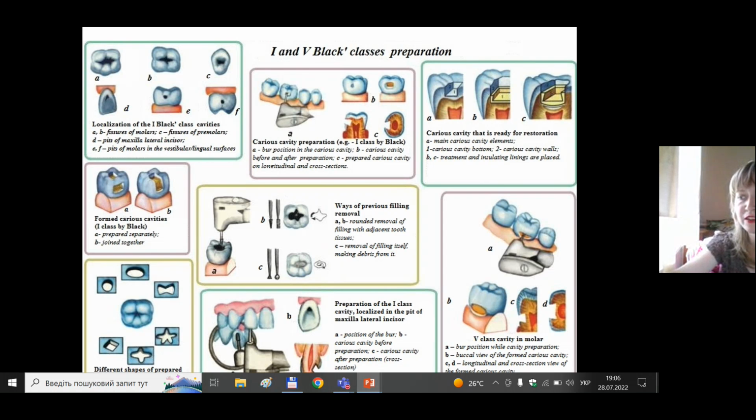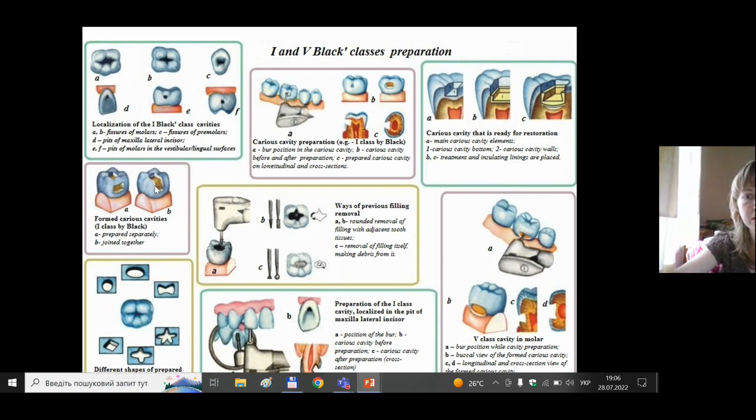And look at this cross section. Pay attention to the bottom floor of the caries cavity. It is not straight, it is convex. It resembles the pulp chamber.